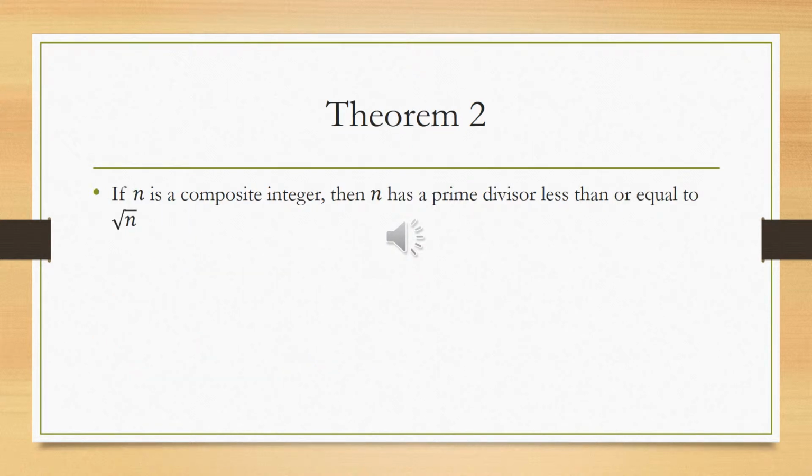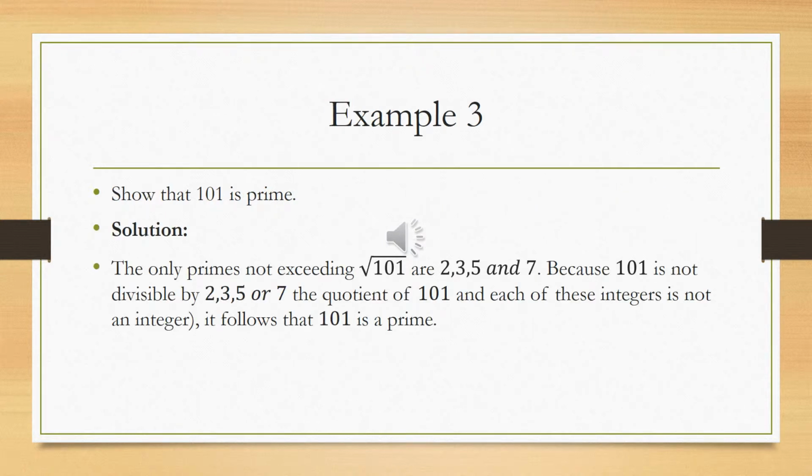If n is a composite integer, then n has a prime divisor less than or equal to the square root of n. Example 3. Show that 101 is prime.